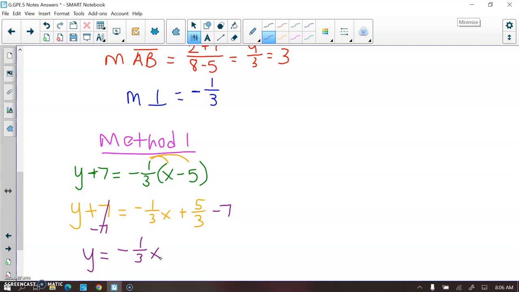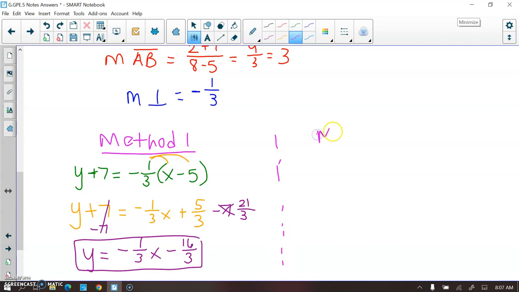To combine 5/3 with a 7, I need to convert this 7 with a denominator of 3, so that's 21/3. I apologize. And so 5/3 minus 21/3 is -16/3. And that's your equation in slope intercept form. That is method 1.